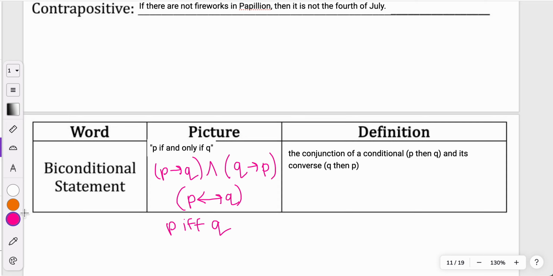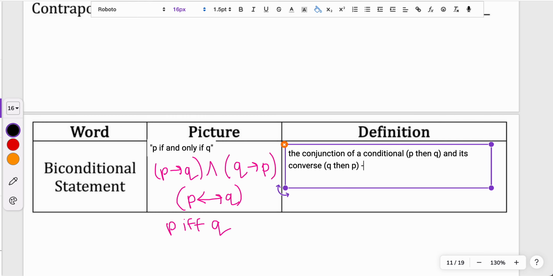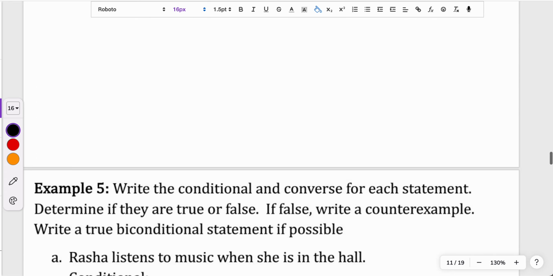One more thing to be thinking about when you talk about your biconditionals, I want to put a star here, only can be written if both the conditional and the converse are true. Okay? Pause here if you need to. Once you're ready to go on, we're going to click play and try 2 more examples.